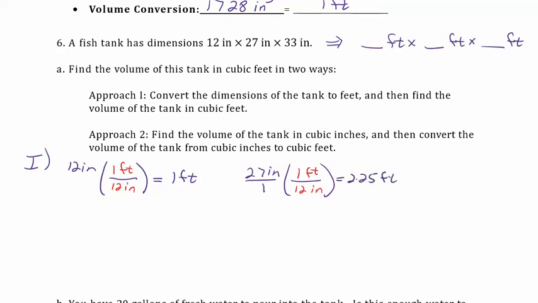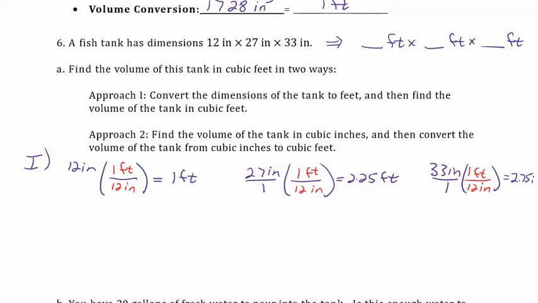And then lastly, we're going to convert the 33 inches into feet. We're going to end up dividing by 12 again. And 33 divided by 12 is 2.75. I'm going to run out of space. So now we have the dimensions in feet.